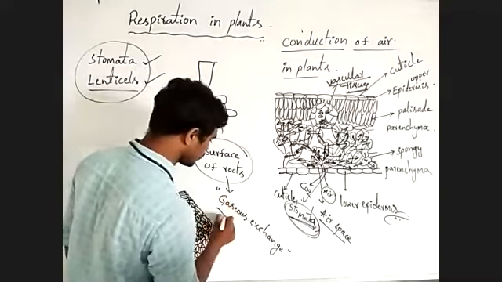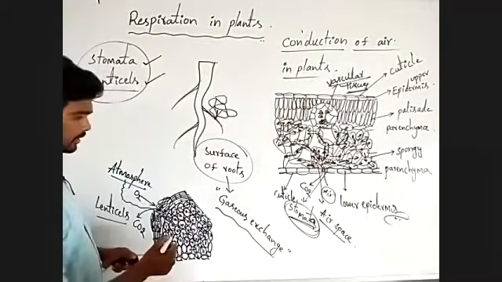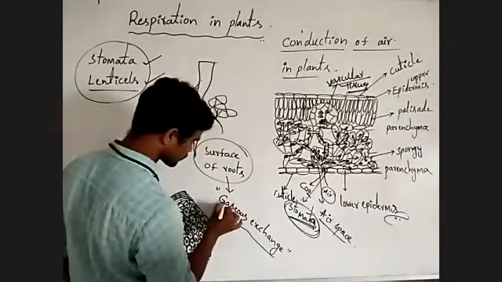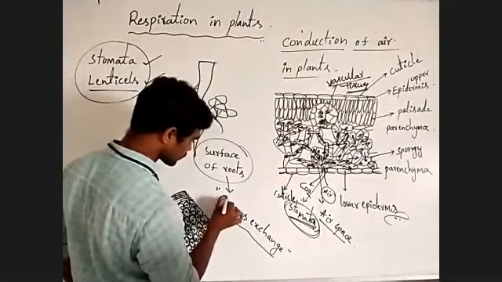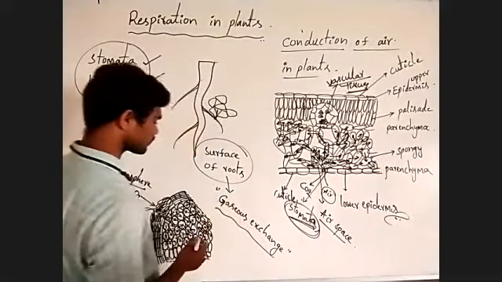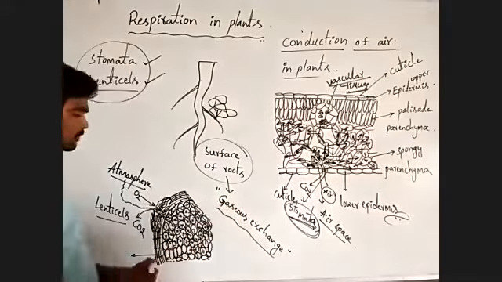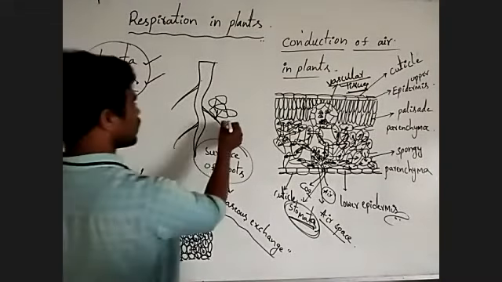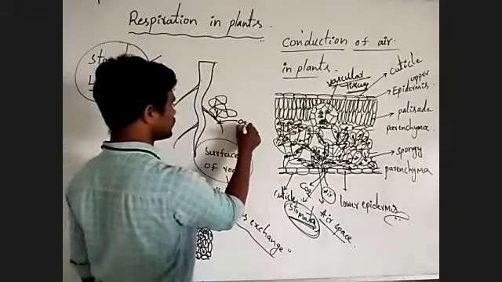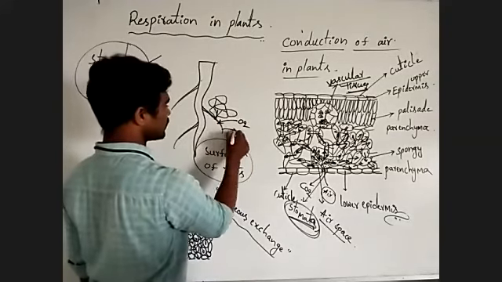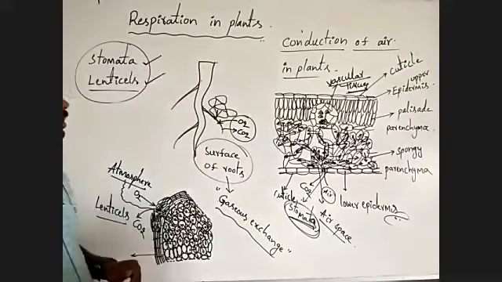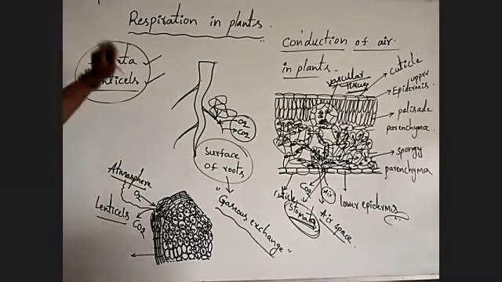This is very important. Remember. Understanding? Means oxygen enters the root, and carbon dioxide is released out of the root.